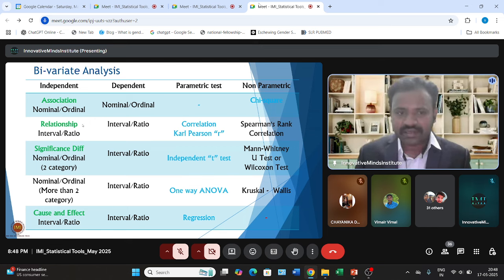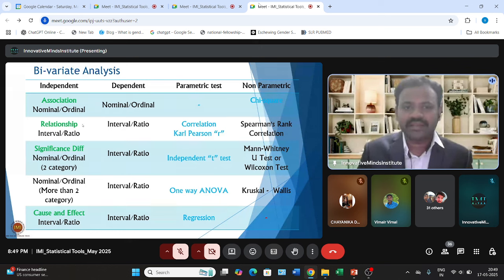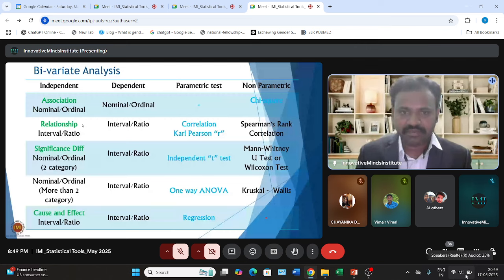If it is in categories, there is no significant difference in the happiness of the respondents based on the level of income. That's it, right? So based on the level of measurement or the nature of the variable, you have to change the test also. How you collected the data is very, very important. So while you cross verify the people, please be careful.